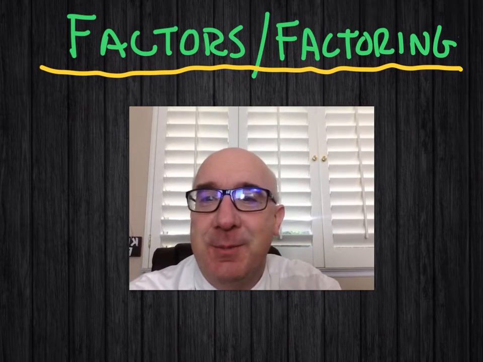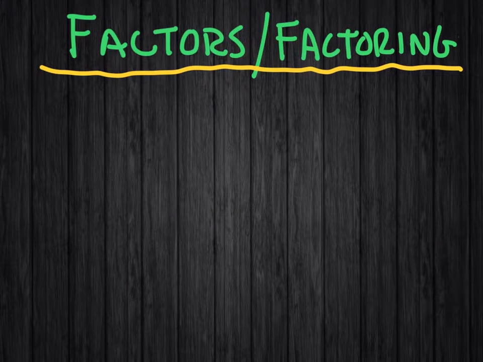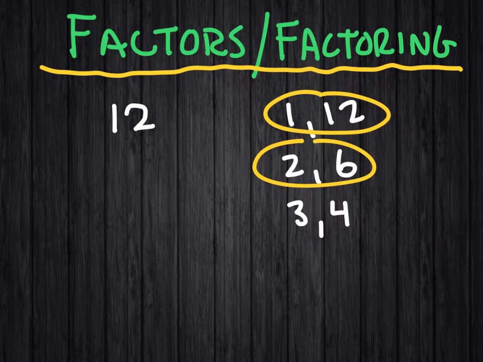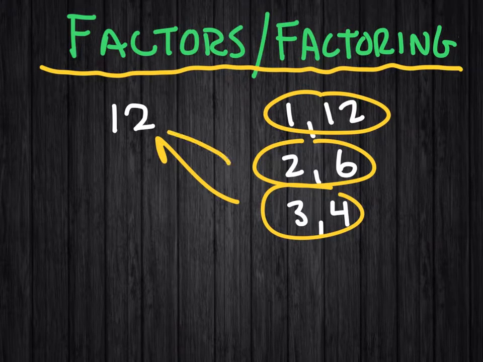Let's take a look at some problems together. So let's start with a basic idea of the factors of 12. What are the factors of 12? 1 and 12, 2 and 6, 3 and 4. These are the factor groups of 12, right? They all make 12. So what does it mean to be a factor?